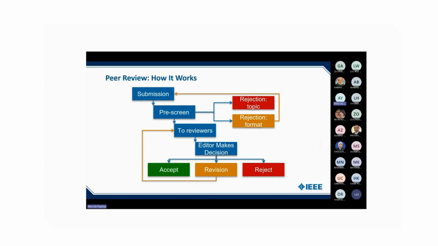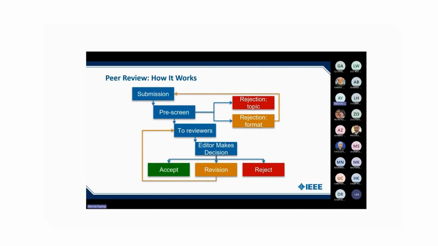There will be a pre-screening, which is checking on the topic as well as the format. For the topic, you have to make sure the paper you submitted to that journal is covered within the subject of the journal. Otherwise, it doesn't work, right?